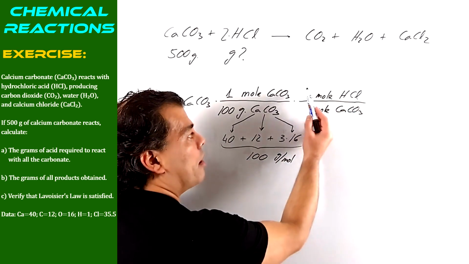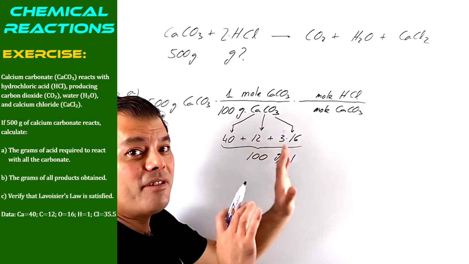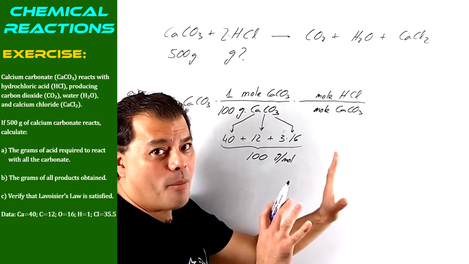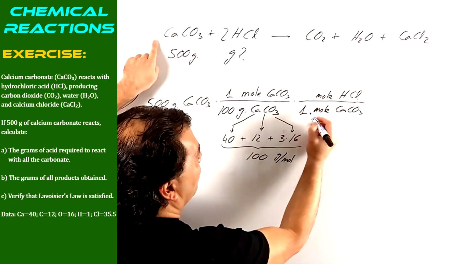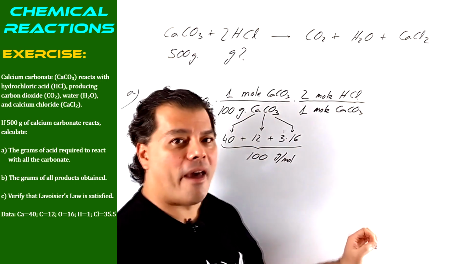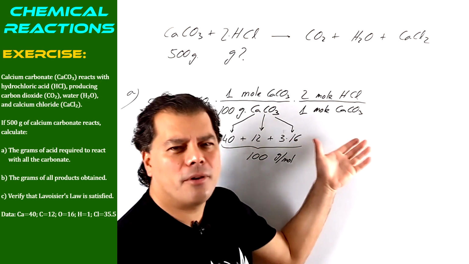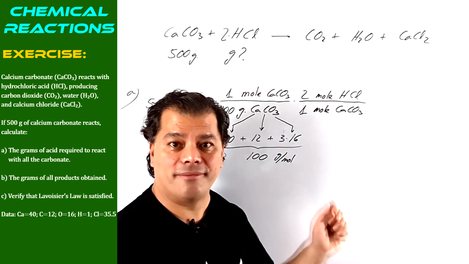And which are the numbers that we are going to place in these positions? The stoichiometric numbers, okay? 1 for calcium carbonate and 2 for hydrogen chloride. So that's why it's so important to balance correctly, properly the equation.